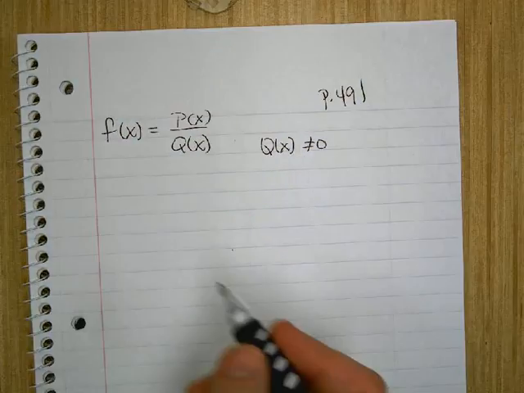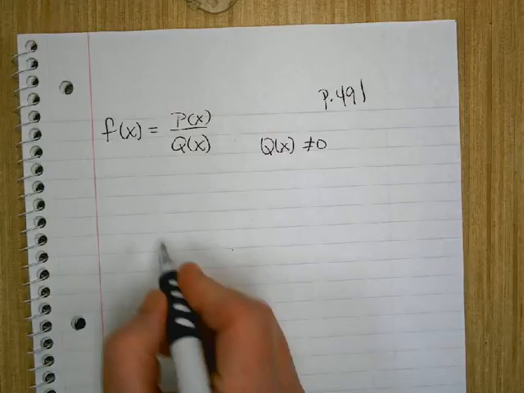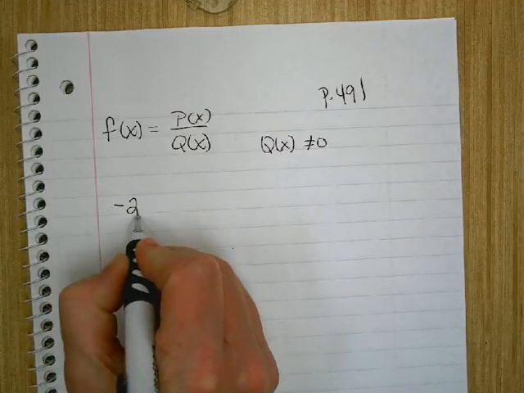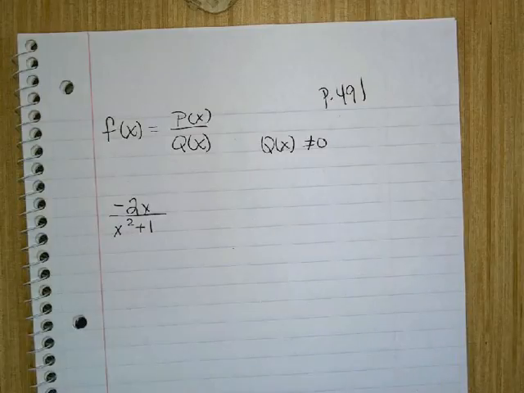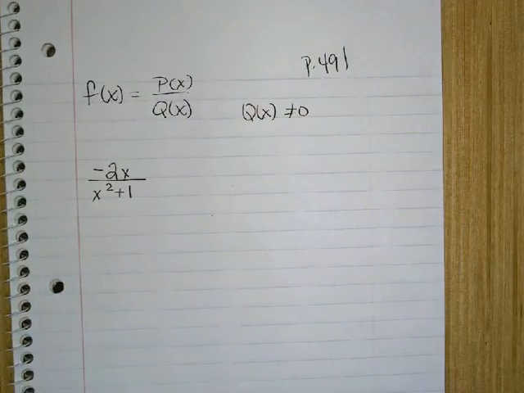So, if we have, for example, negative 2x over x squared plus 1, the very first thing you'll want to do is decide which values you need to restrict. So you look at that function and tell me what values of x will cause the denominator to be 0.